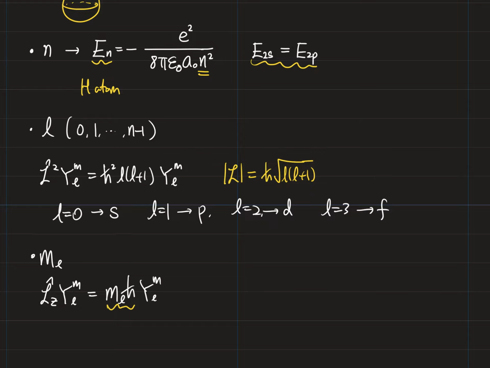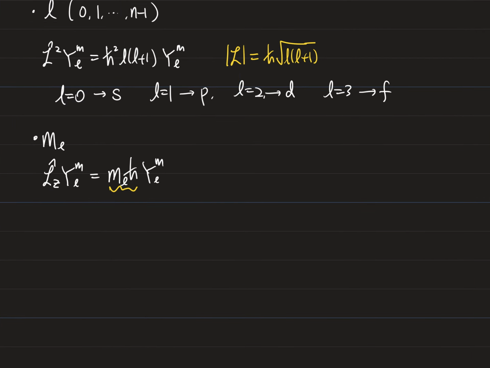So the role of the ML can be seen when you apply the external magnetic field. So actually we learned that 2p orbital is threefold degenerate. So there are 2p plus 1, 2p 0, 2p minus 1.